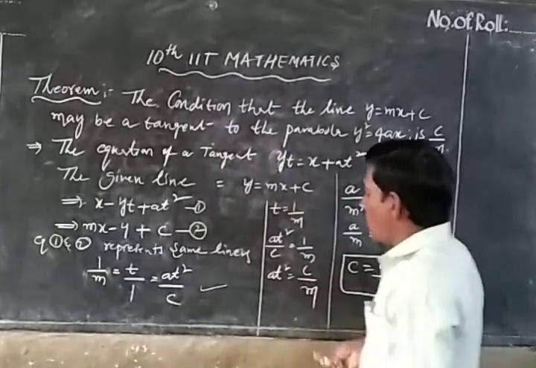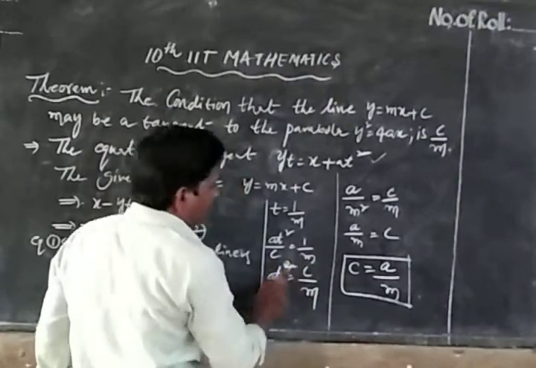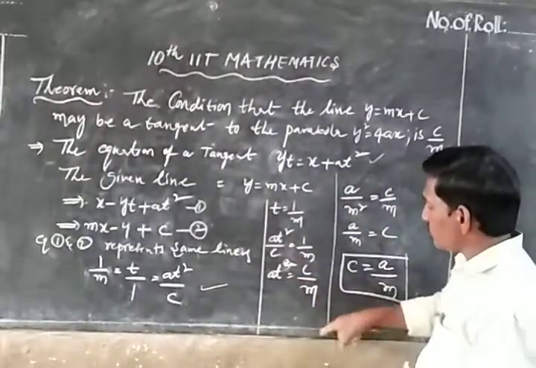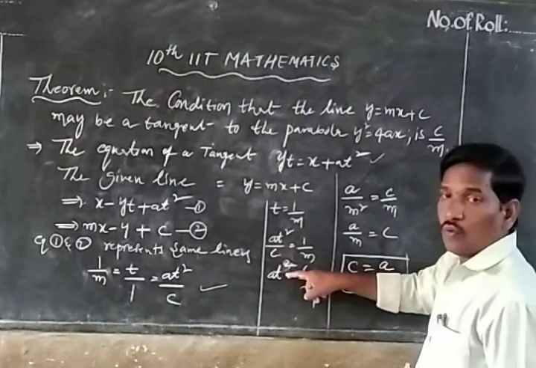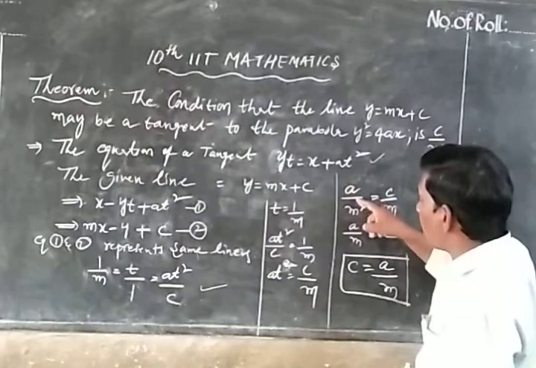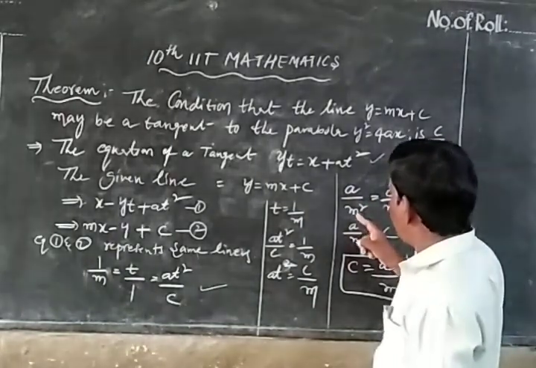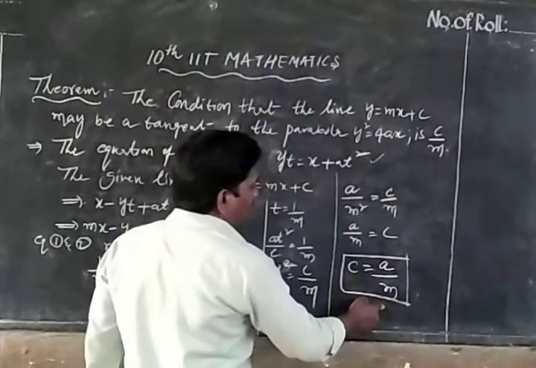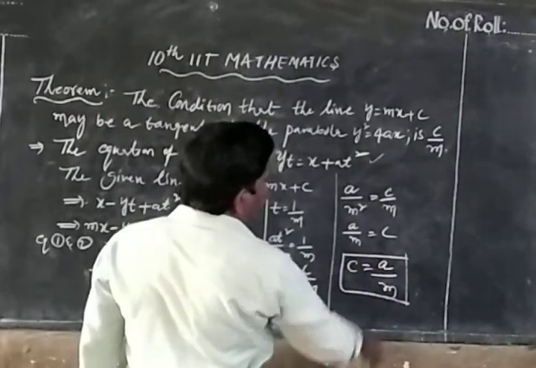Now at square equal to c by m. Substituting the t value 1 by m, that means a by m square equal to c by m. m cancelling m square one time, that means a by m equal to c. So we got the required condition c equal to a by m.